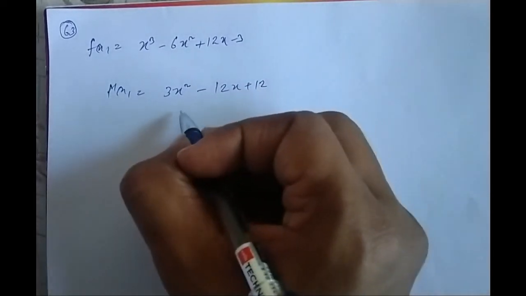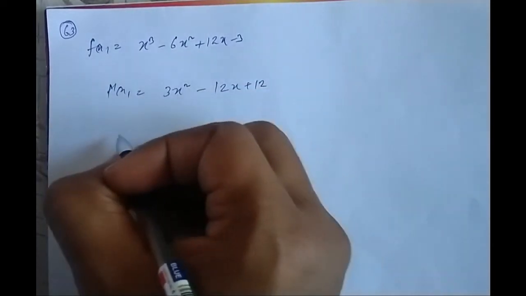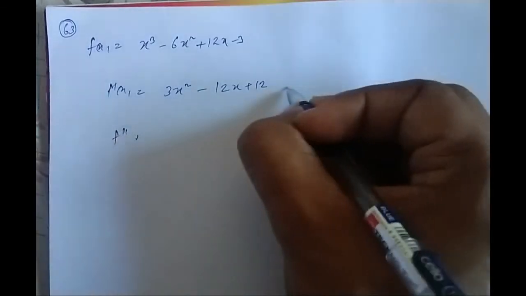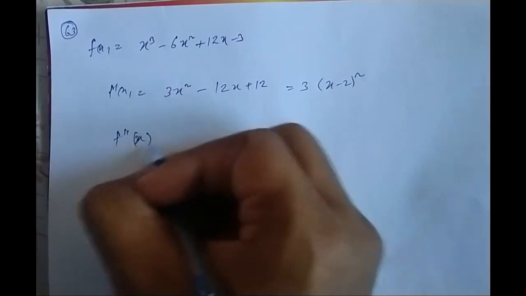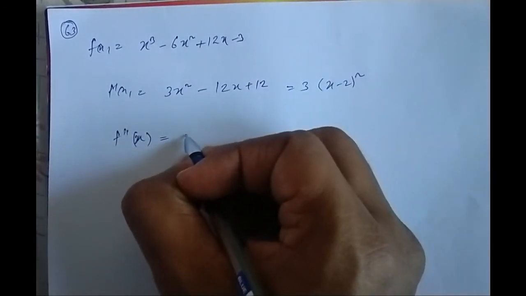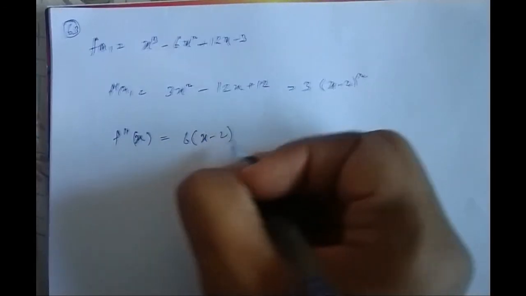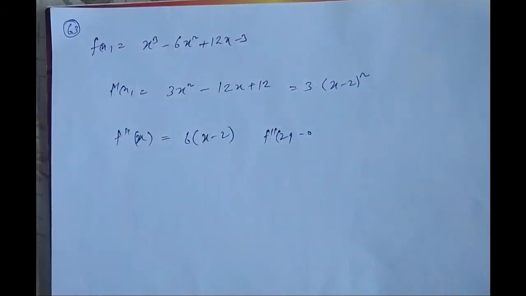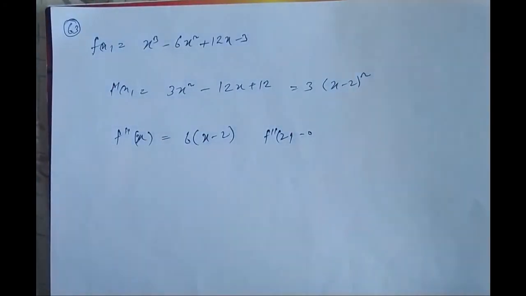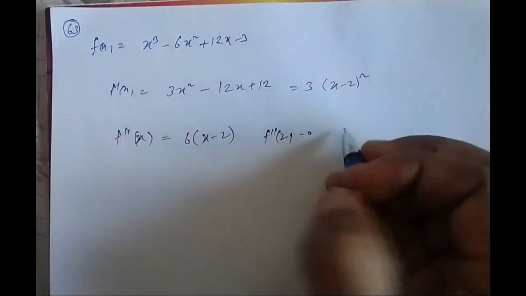Okay, so f dash of 2 is equal to 0 clearly, and f double dash x is equal to 6 times x minus 2. So f double dash of 2 is also equal to 0. So this would be a point of inflection.